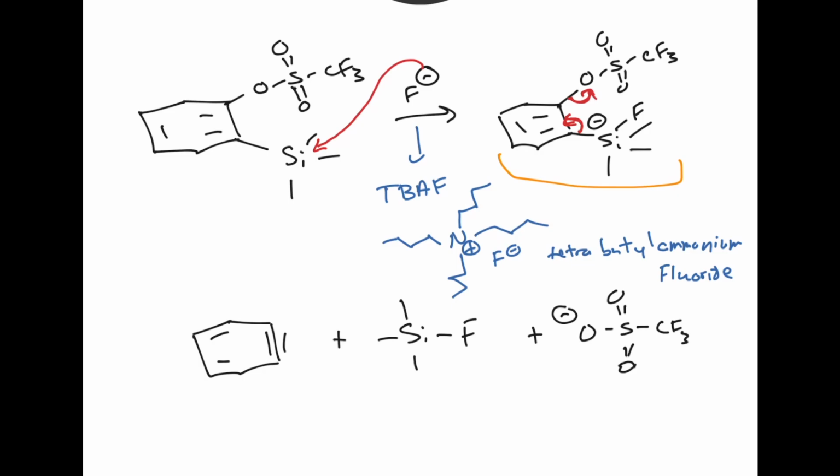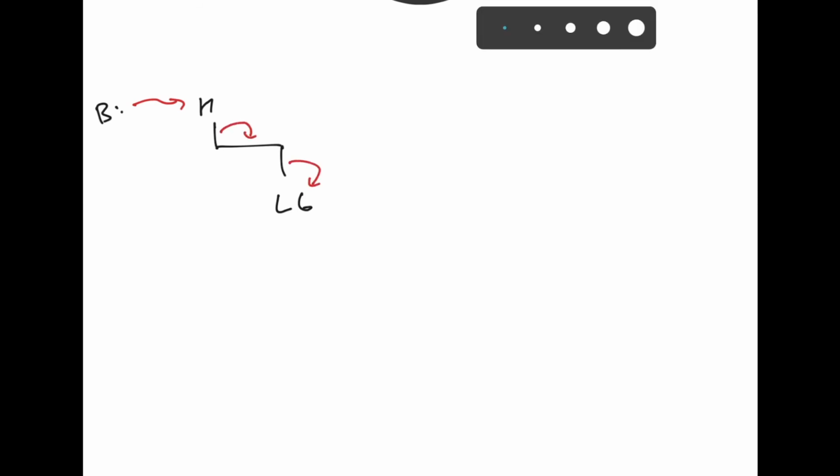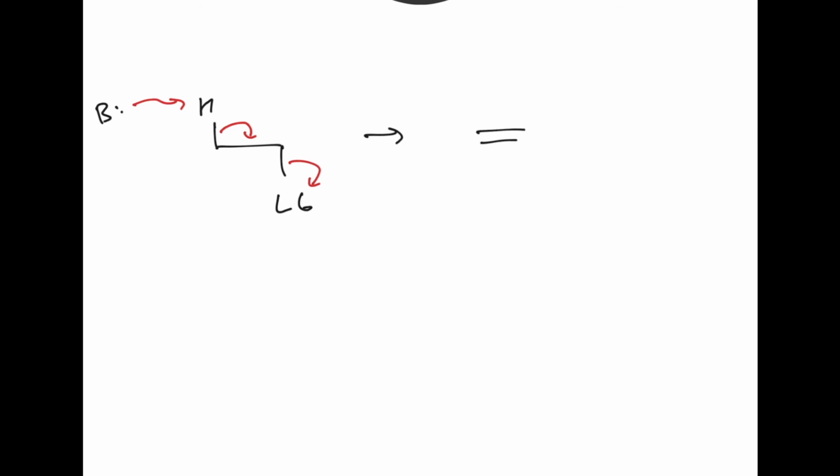I'll come back. If you have a leaving group and your hydrogen, and you add a base, you grab the hydrogen, those electrons come down and push the leaving group out to make the double bond, right?